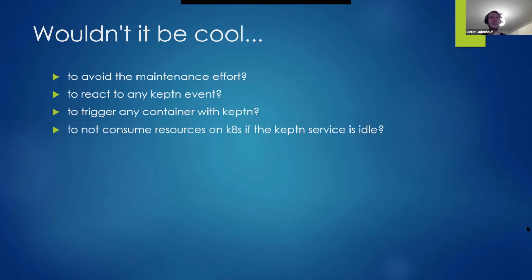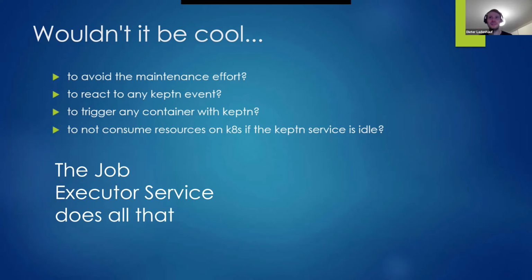And ideally, it would also be cool if, when your Keptn service is not currently executing some task, it doesn't consume any resources on the Kubernetes cluster itself. Yeah, you probably already guessed it. The Job Executor Service does all of that.